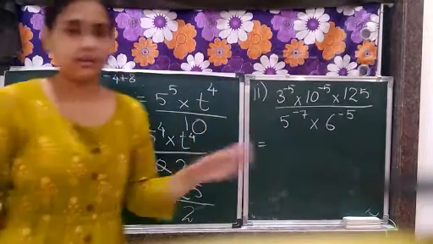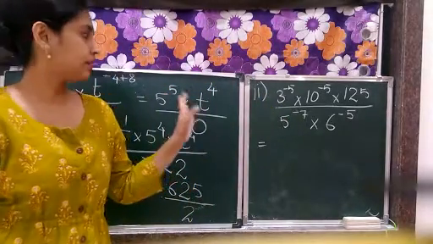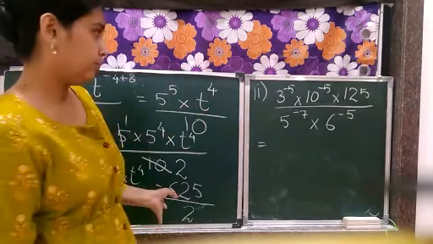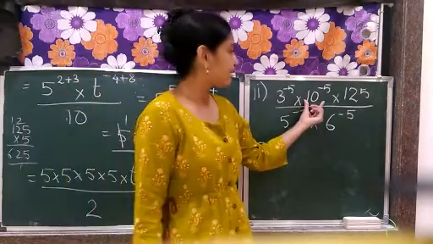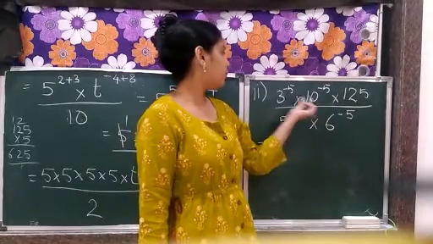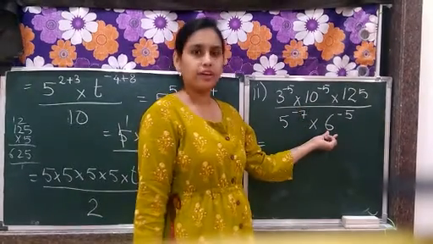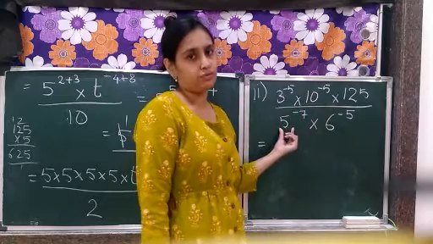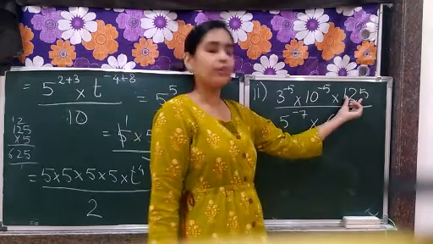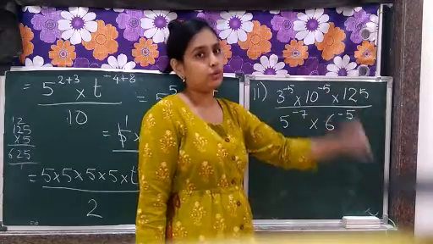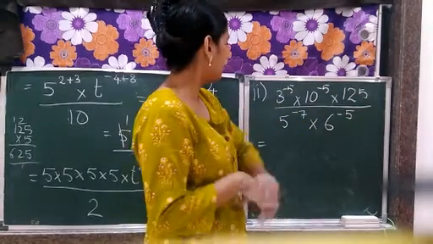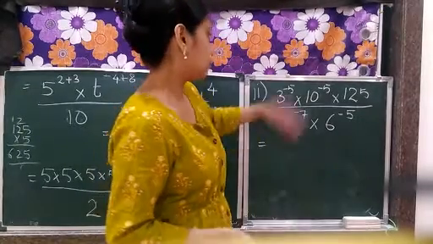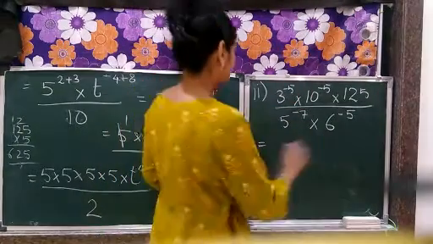Either you remove the negative sign from the exponents, or this way we can do. Okay, this can be written as 2 5s, and 2 and 3 together will remove this 6, and 5 from here is capable of removing this 5, and this 125 can be written as 5 cube. Okay, so if you want to do that, we can do that way, or simple method if you would like to remove the negative sign and do it, we can do that way also.